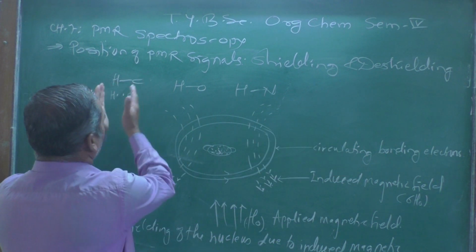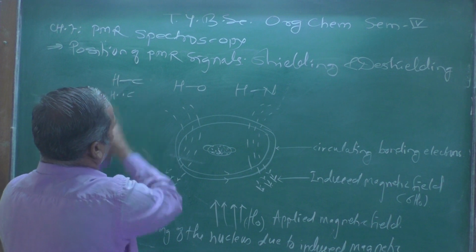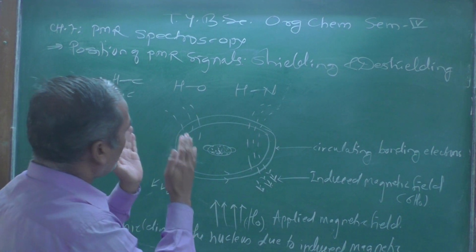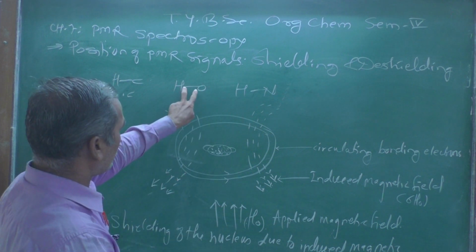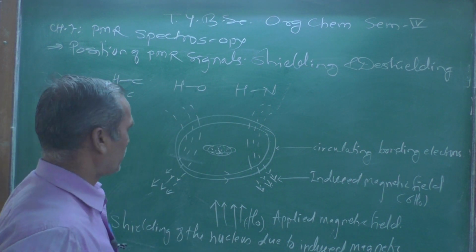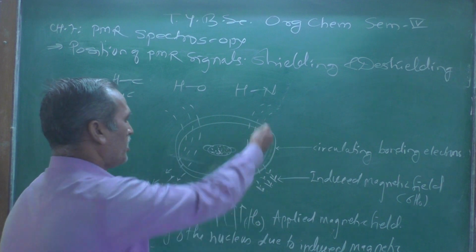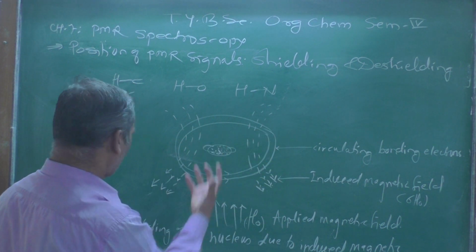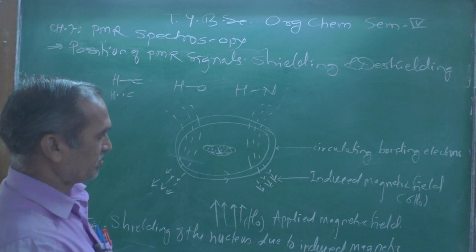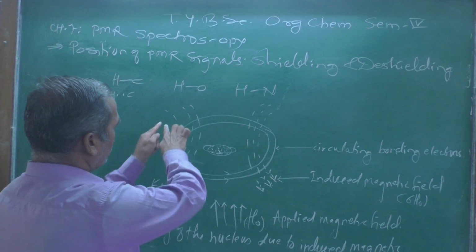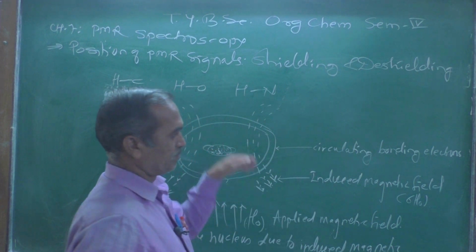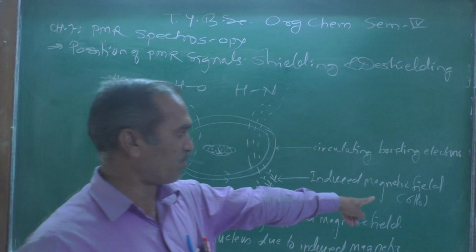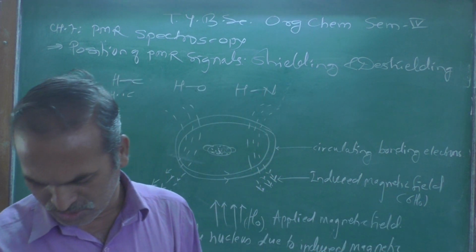This bonding, because the hydrogen may attach to a carbon atom, or to a heteroatom like oxygen or nitrogen, is a bonding pair of electrons revolving around it. When the external magnetic field is applied, an induced magnetic field is induced over here, which is represented as sigma H0.